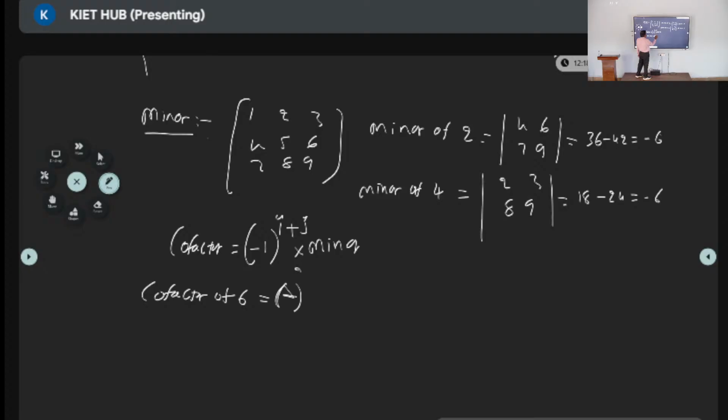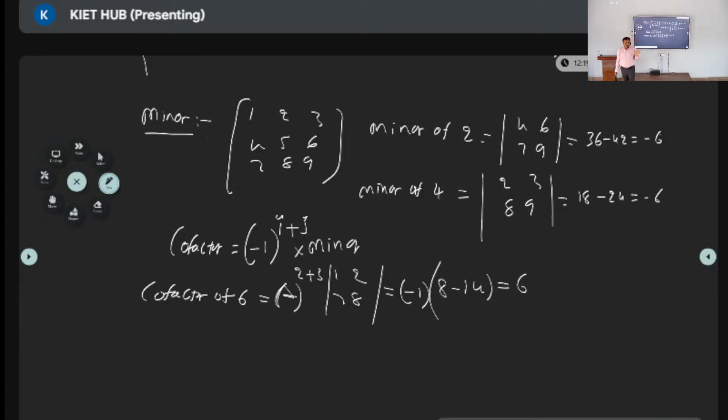Second row, third column. Minus 1 power of 2 plus 3 into the determinant of 1, 2, 7, 8. That is minus 1 into 8 minus 14. The answer is 6.